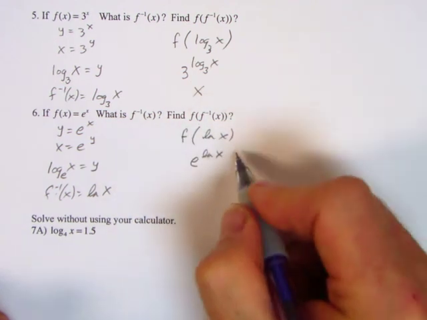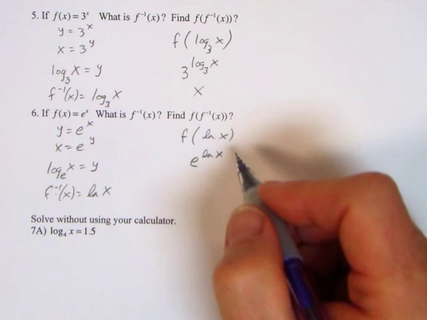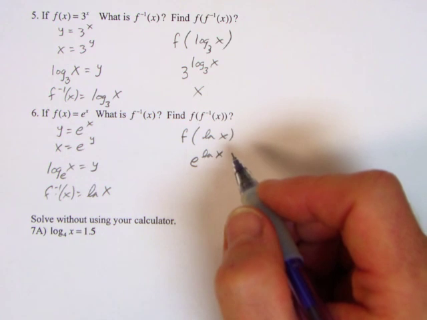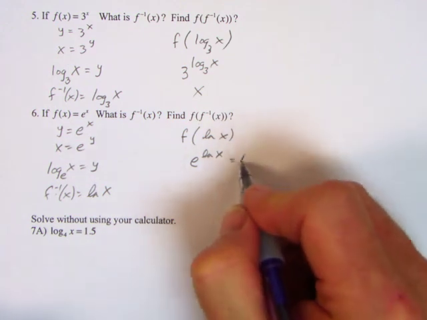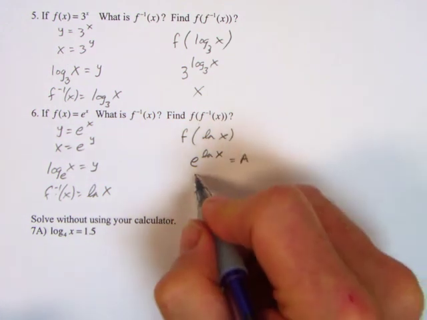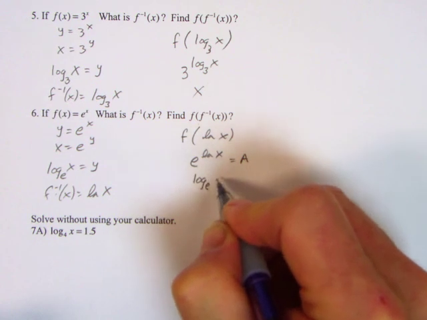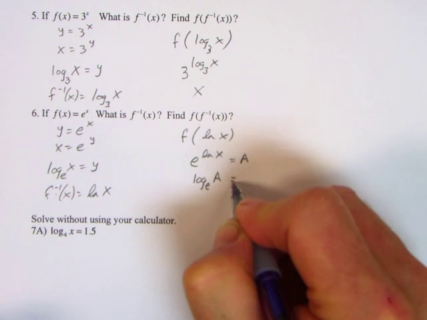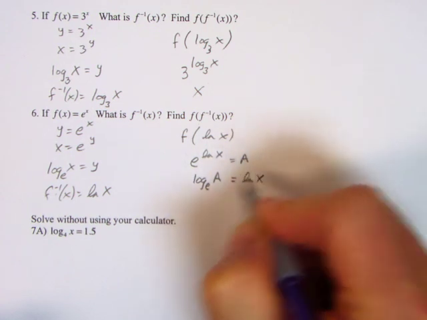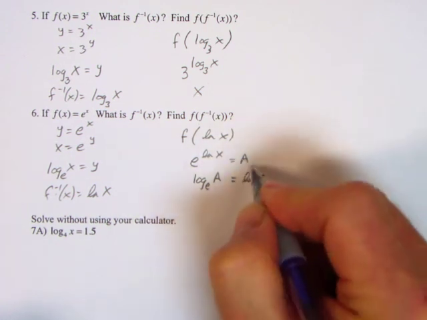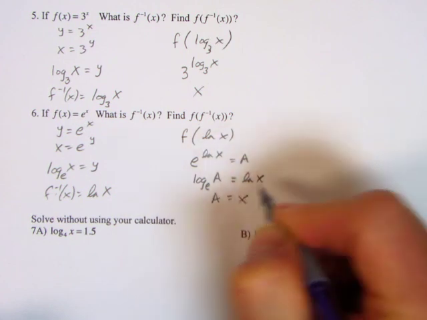And if we go through that same process that we just did in the previous one, we can say let it equal a. So this would be log base e of a equals ln of x. And log base e is the same as ln, so this simplifies to x.